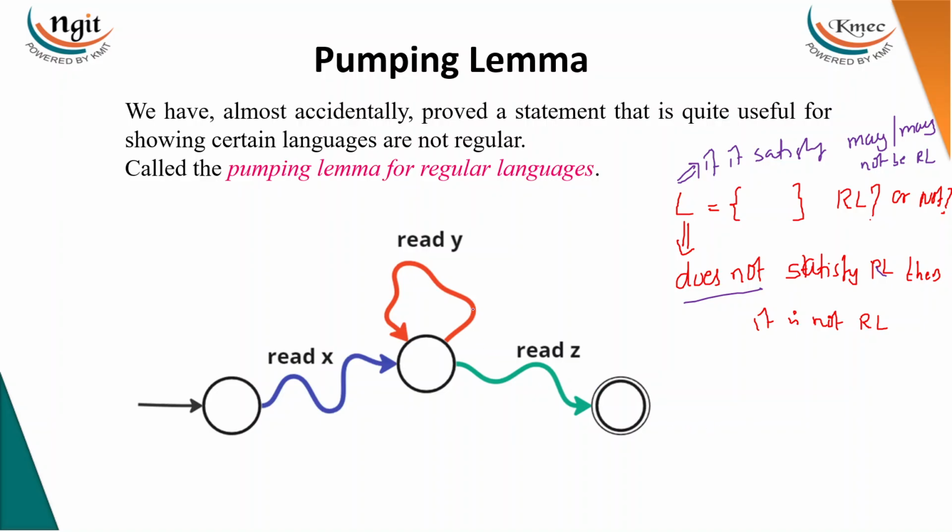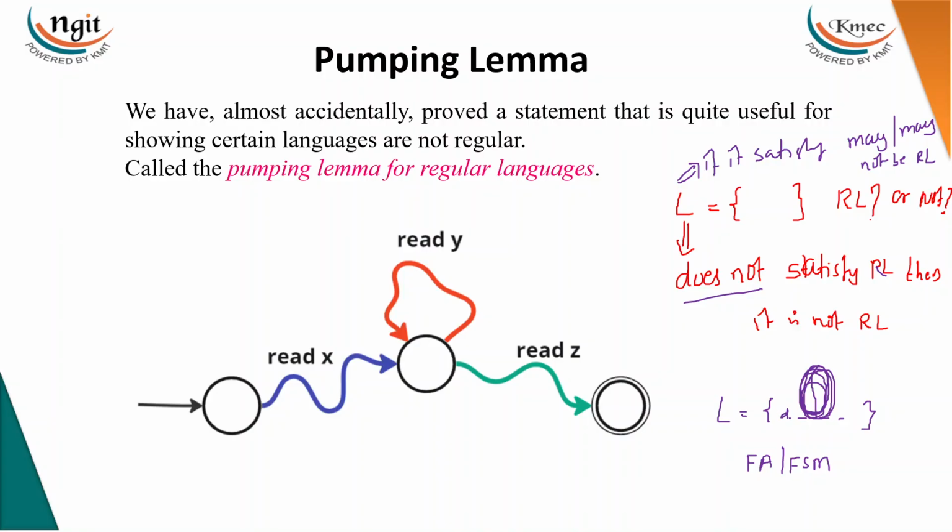See guys, what does it mean by regular? As I told you already, if your language is infinite and you want to represent it as a finite automata or finite state machine, something should be pumped iteratively. Either before that or after that or in the middle, it can be anywhere, but something should be iterated.